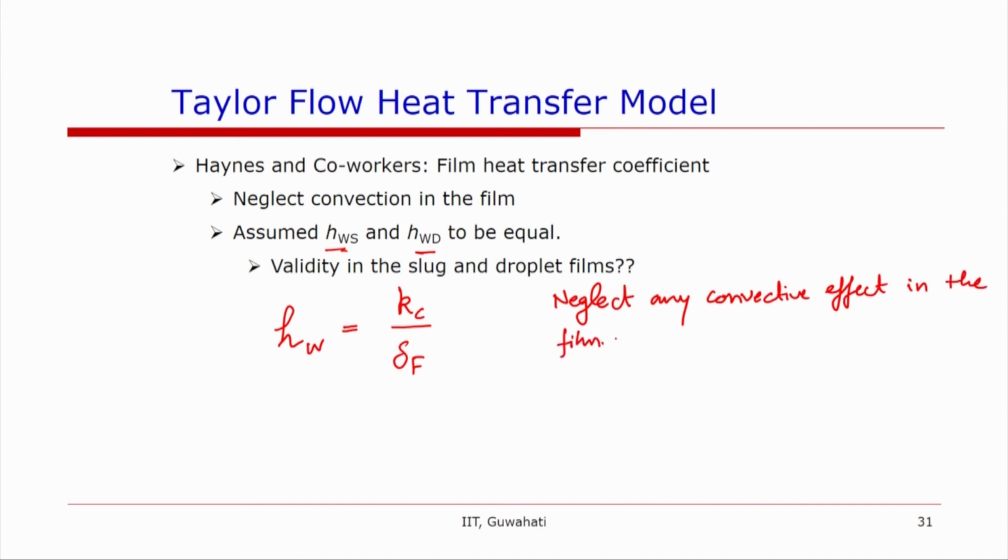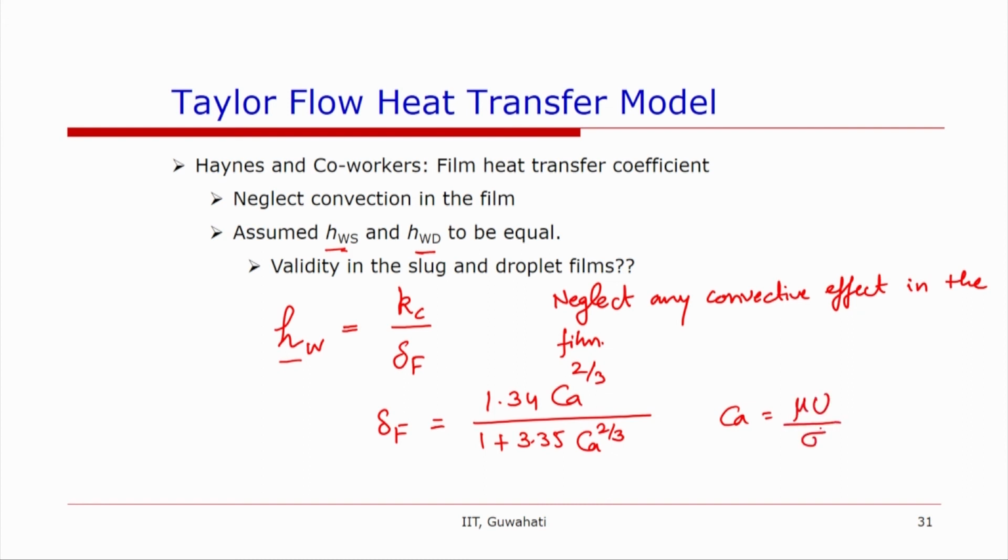The pure conduction gives the heat transfer coefficient as thermal conductivity divided by the diffusion length. So, this is delta F, and delta F one can obtain from Bretherton's correlation or Aussillous-Quéré correlation, which is 1.34 Ca, the capillary number, raised to the power 2 by 3, into 1 plus 3.35 Ca raised to the power 2 by 3, where Ca is the capillary number defined as mu u over sigma.